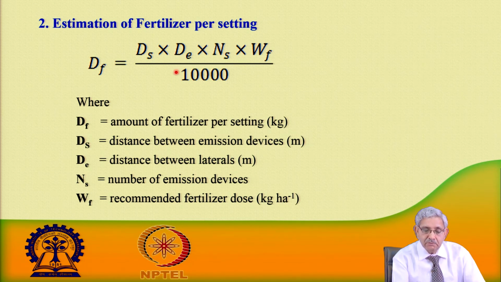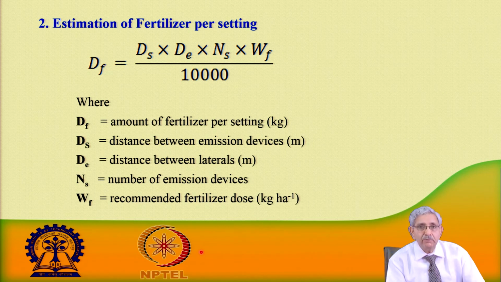Practically, we will divide by 10,000; it depends on what unit we are using. If we are using kilograms per hectare, then it is to be divided by 10,000 because hectare is being used as the unit.